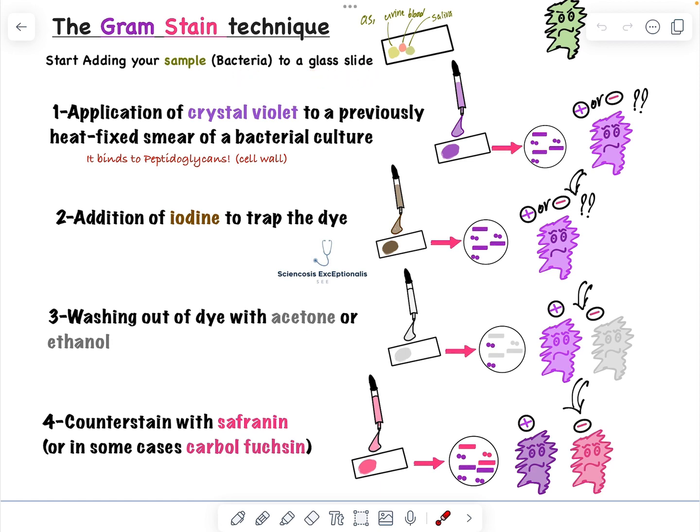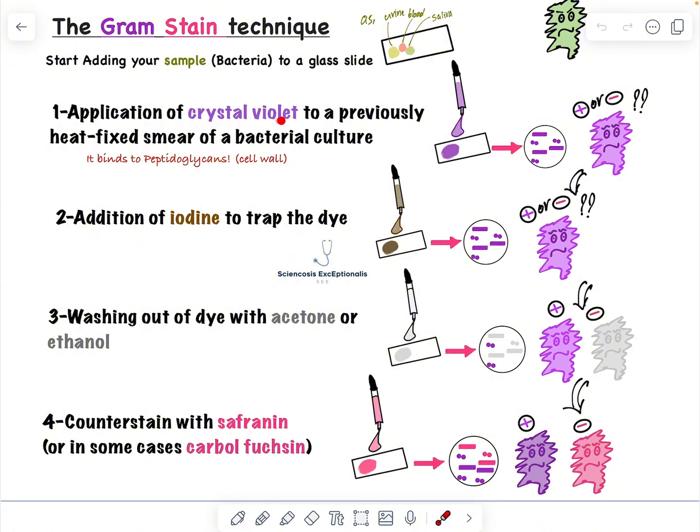And it must be fresh because when the cells get old, they start losing their ability to retain the stain. After that, apply the crystal violet, the most important part in gram stain. But before that, we should heat fix the smear of bacterial culture by passing and moving the glass slide above the flame of a Bunsen burner to make it adhere and to allow the sample to more readily take up the stain.